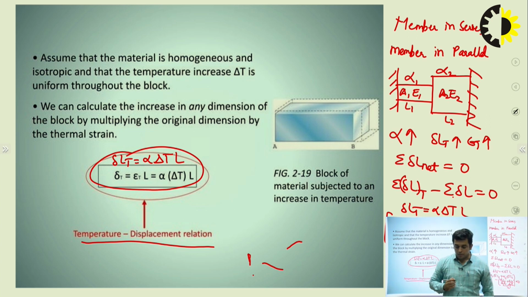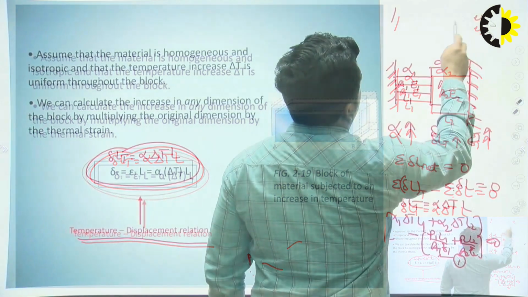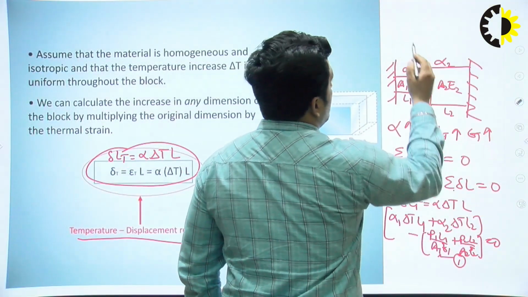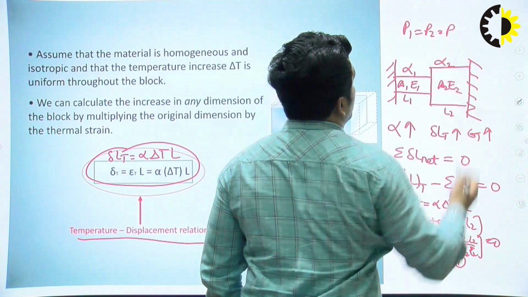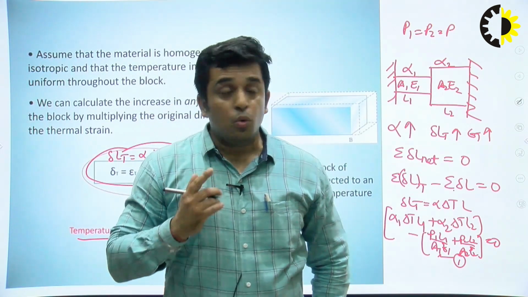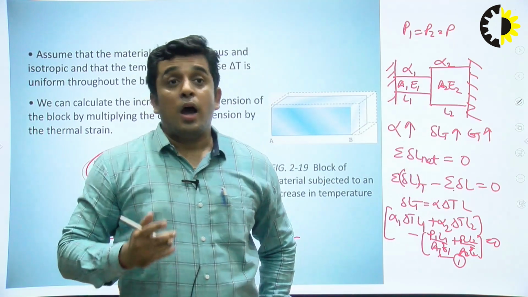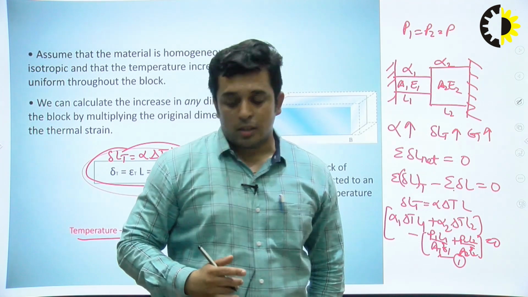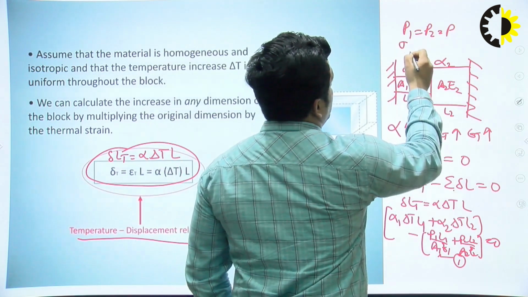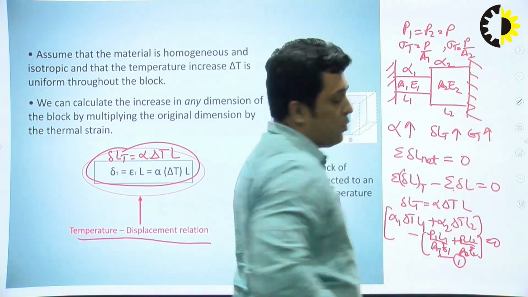Now, if the load is common, that means P1 equal to P2 equal to P. So from this equation you will be able to calculate the value of P, and then thermal stress will be P by A1 for the first member, and sigma T is equal to P by A2 for the second, because the load is common.